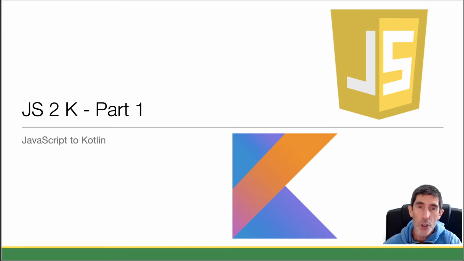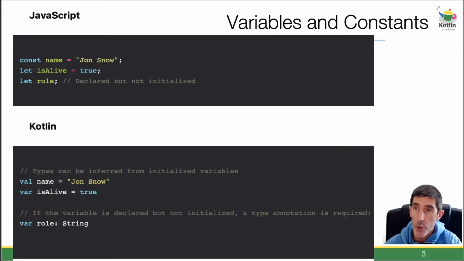To begin with, if we look at our variables and constants, very similar as before, and we would have touched on this. Kotlin variables are declared with the var keyword, like we know. To prevent reassignment, you can use val, and both work much like JavaScript's let and const. So if we have our val here in Kotlin, in JavaScript we would have said const.